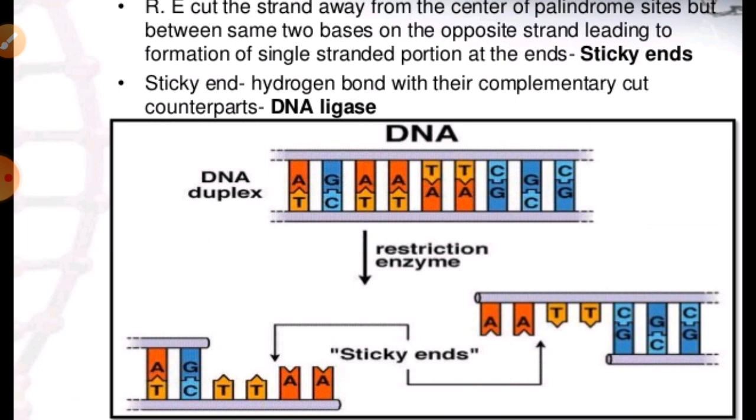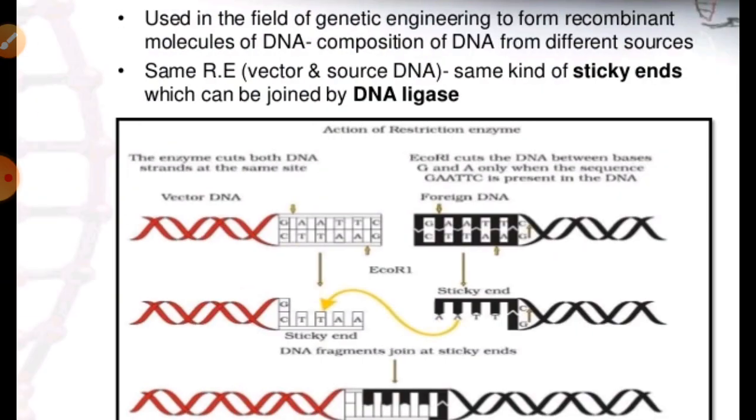We must know that these sticky ends can attach to other parts only with the help of DNA ligase, because it is always helpful for the attaching or sticking of the other complementary parts. So it is always helpful for the attachment, as you can see in this diagram. So this is a very important one, right?